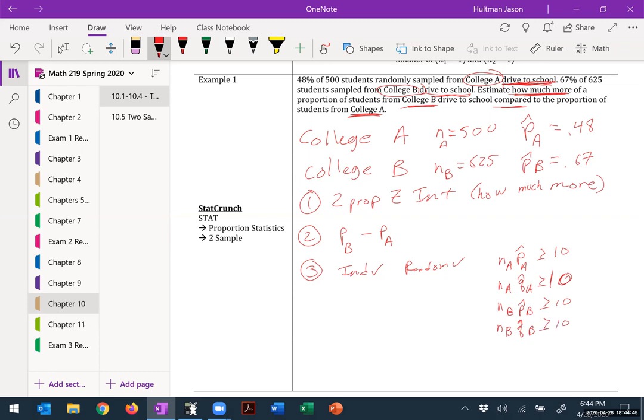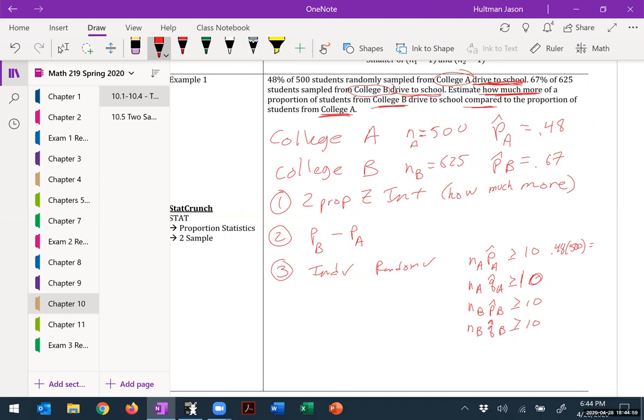Okay, so I'm just going to multiply 0.48 times 500, and I get 240, which is greater than 10, so that checks. Here, Q hat is going to be 0.52 times NA, which is 500, and that's going to be 260, which is greater than 10, so that checks.